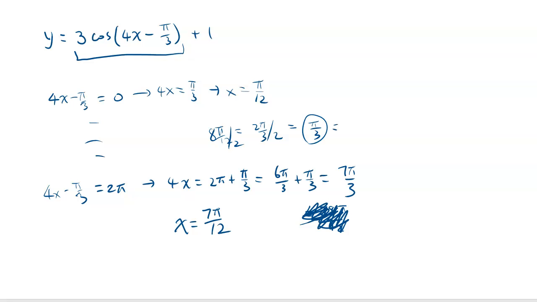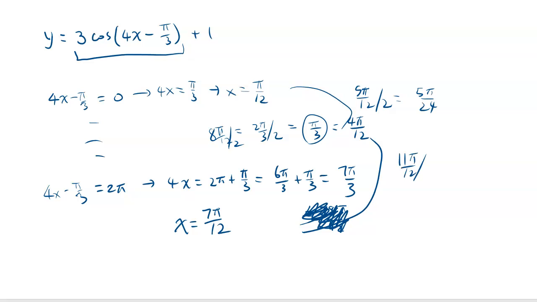That's also the same thing as 4 pi over 12. I'm writing it this way so I can easily calculate the midpoint. Add the 2, which is 5 pi over 12, and then divide by 2, so that's 5 pi over 24. Add these two, which is 11 pi over 12, and divide by 2. That's 11 pi over 24.